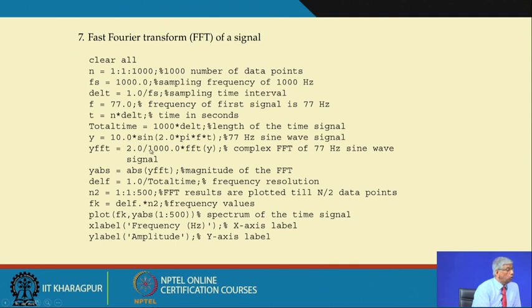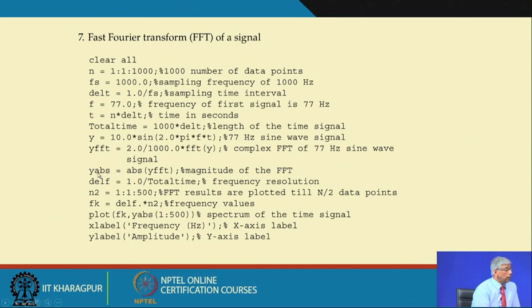This is 2 divided by the number of data points. In our case, the data points being 1000, I will multiply the scaling factor with the FFT. But as you know, once we convert a signal from time domain to frequency domain, it becomes a complex quantity. So, YFFT is actually a complex quantity, which I will just calculate and show you.